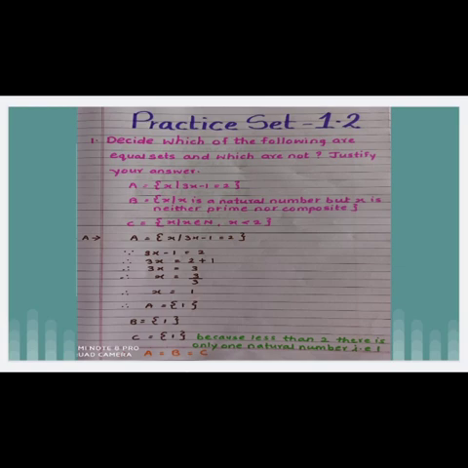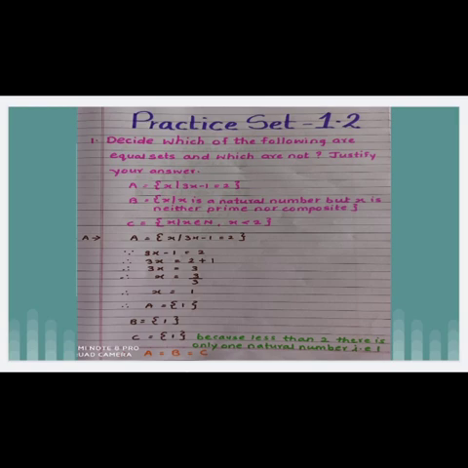Therefore, the letter term we keep on the left hand side, 3x, and number terms we take to the other side. So this minus 1 shifted to the opposite side becomes plus 1. Therefore 3x is equal to 2 plus 1 is equal to 3.